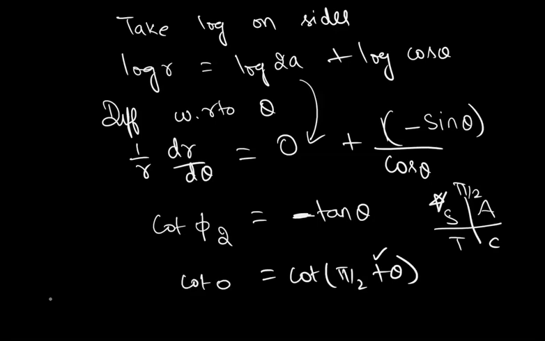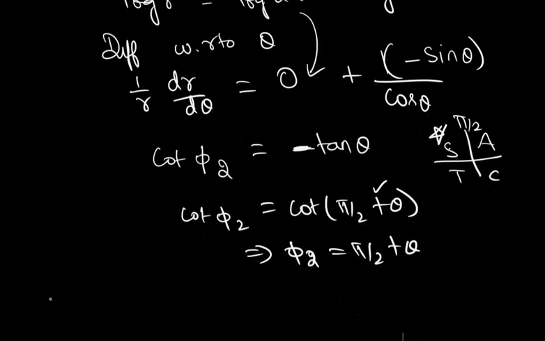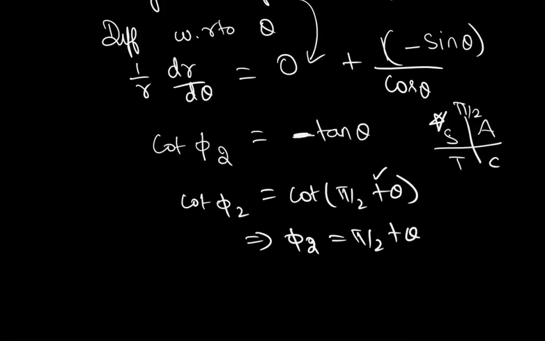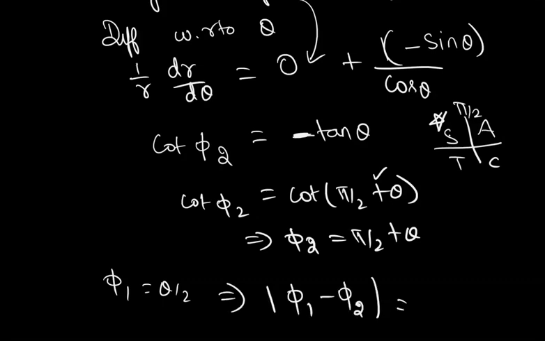Left hand side, what we have? Cot phi 2. When we compare this, phi 2 is nothing but pi by 2 plus theta. Already we have calculated phi 1 as theta by 2, which implies modulus of phi 1 minus phi 2. Always when we find the angle of intersection, we will use the modulus value.